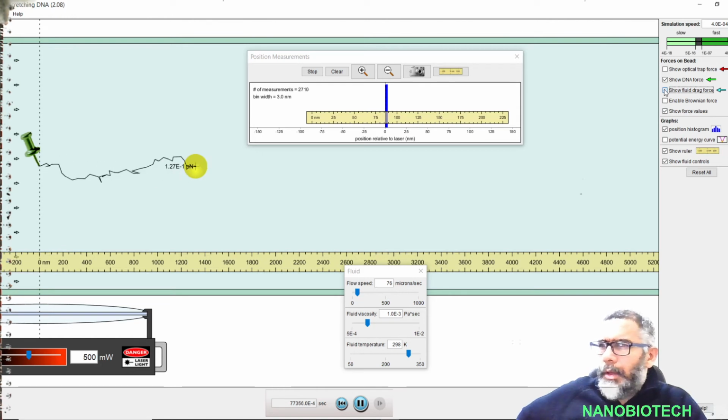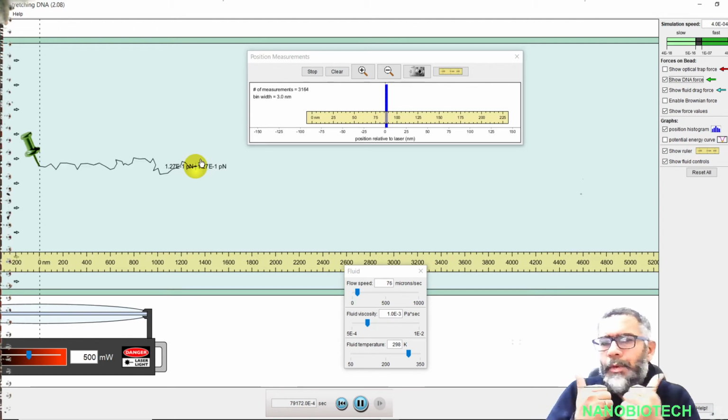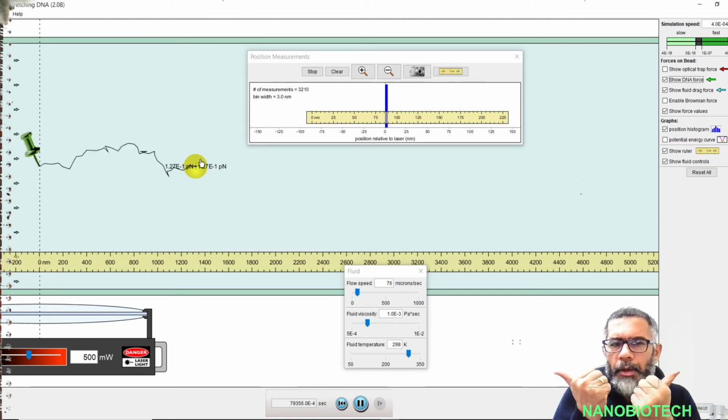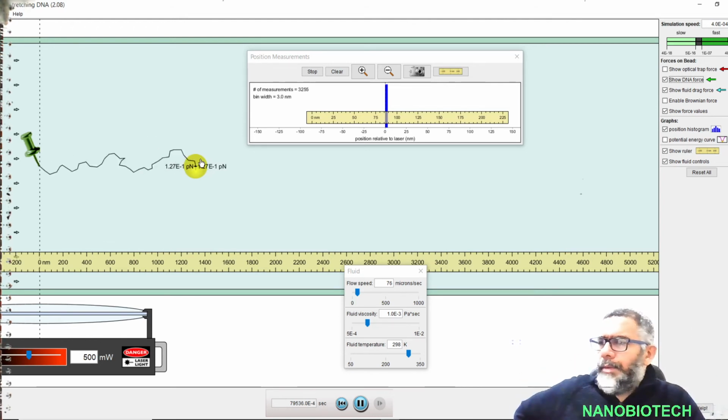Okay, you see, this is the drag force, and it shows 1.27 times 10 to minus 1 piconewton. Well, what about the DNA force? DNA force is this one. Well, it must show the same amount of force, but in the opposite direction. Why? Because the sphere is not moving.